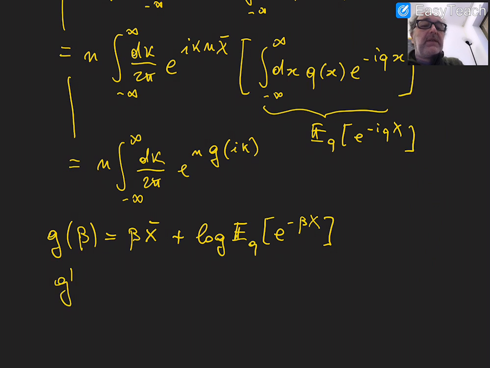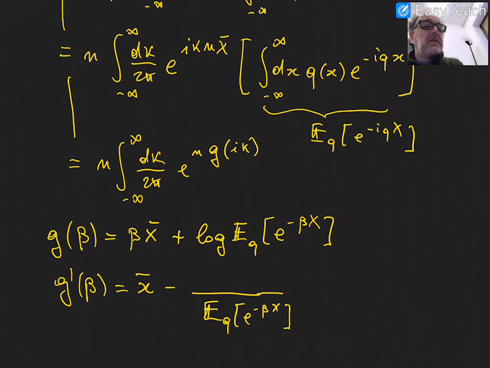So the first derivative of g is equal to x bar minus the expected value over q of e to the minus beta x times, well, when I take the derivative of the expected value over q of e to the minus beta x, I get a minus times the expected value over q of x times e to the minus beta x.